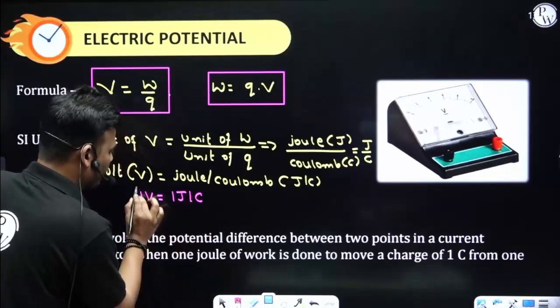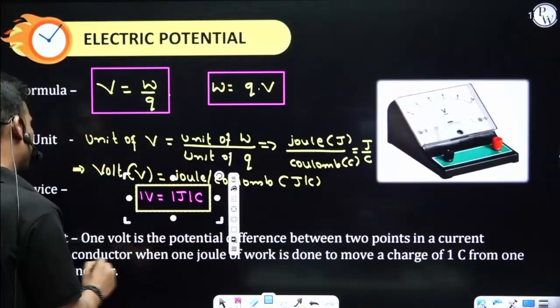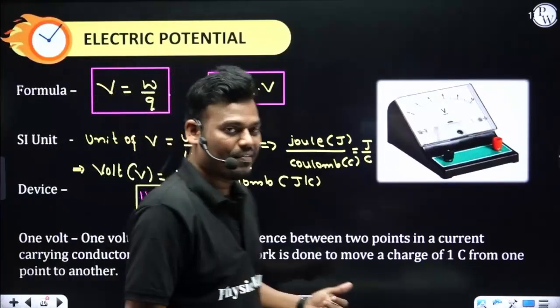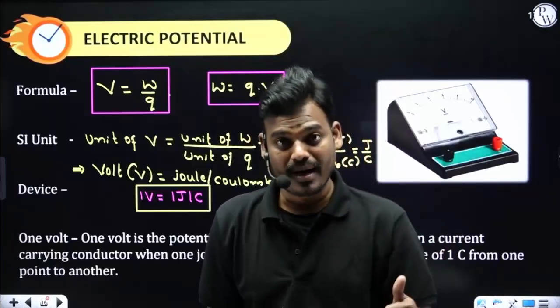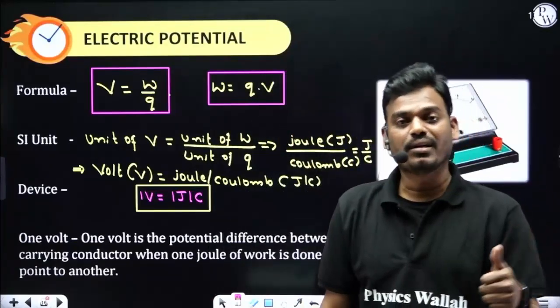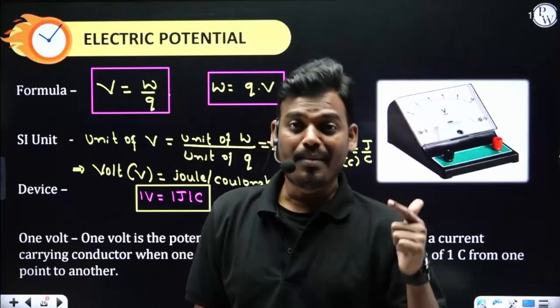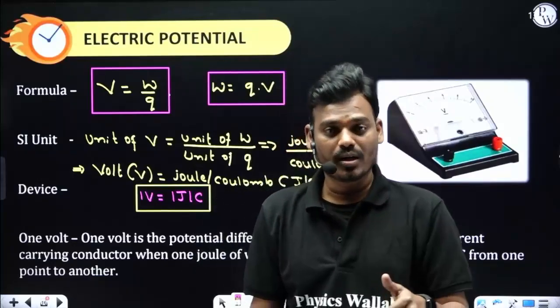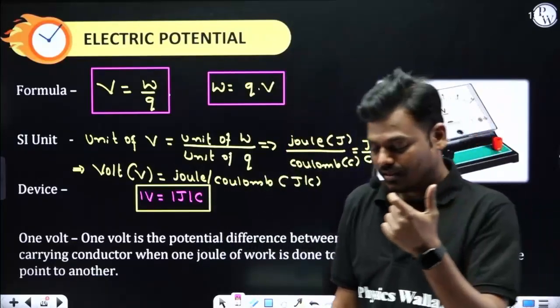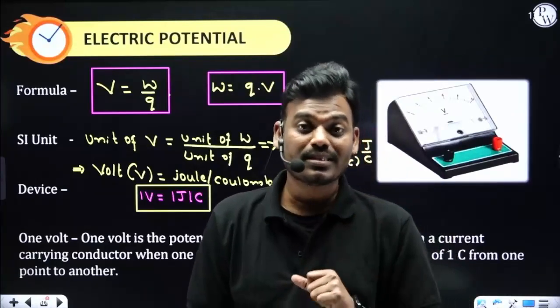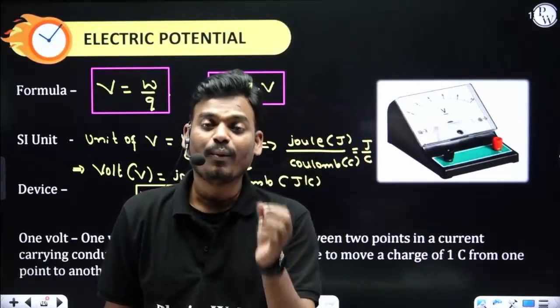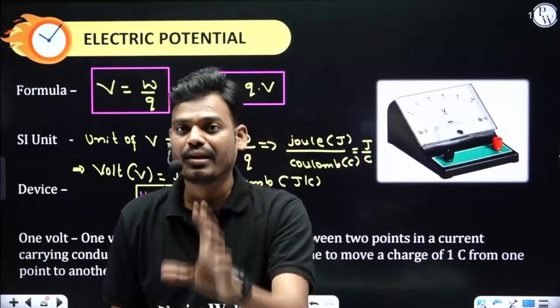Now, like we have discussed, mass is measured by which device? Beam balance or physical balance. Force is measured by a spring balance. Time is measured by a watch or clock. In the same way, electric current is measured by an ammeter. How do you measure a potential difference?